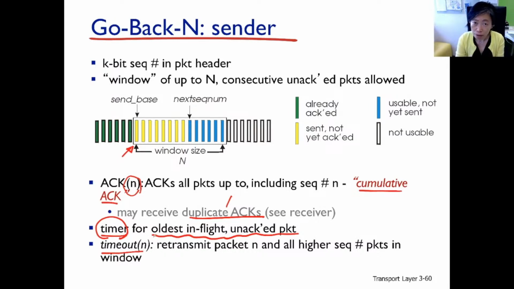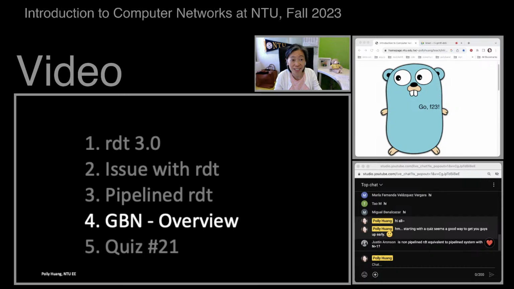If unfortunately we do have packet loss such that the timer times out, then we retransmit the entire flight of packets starting from n all the way to the highest number that's not yet ACKed. That means starting from the send base all the way to the last of the yellow packets. So timeout indicates the entire flight of yellow packets will be retransmitted. All right, so that's the Go-Back-N sender.